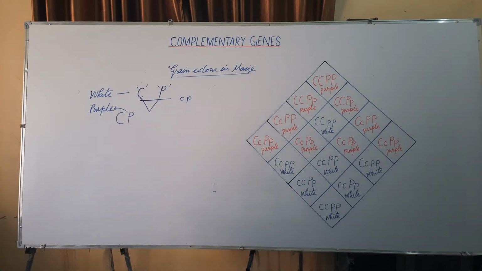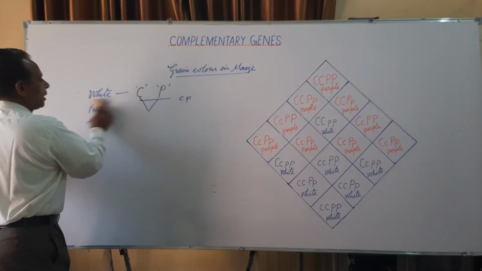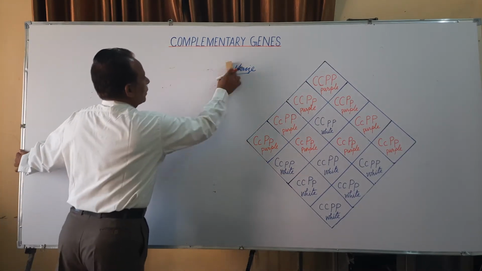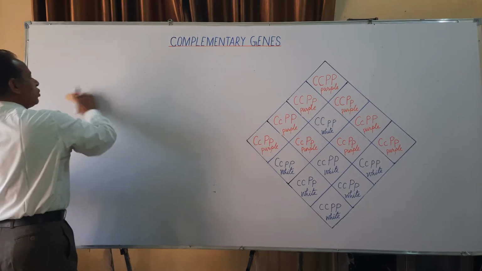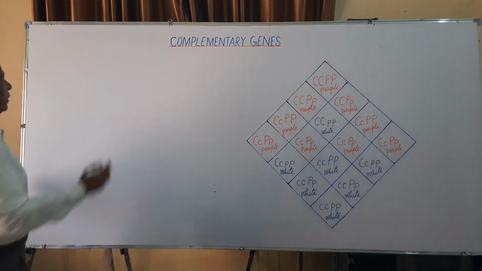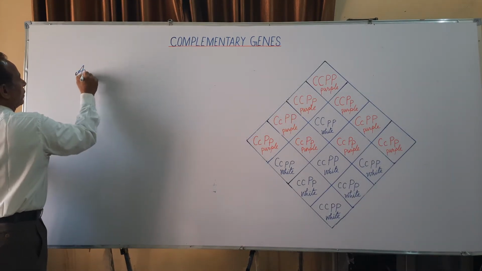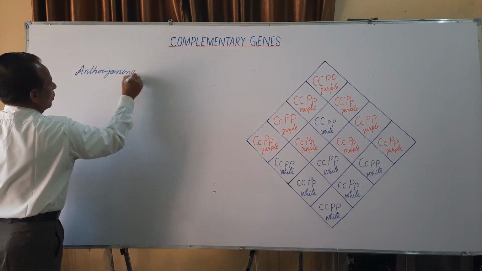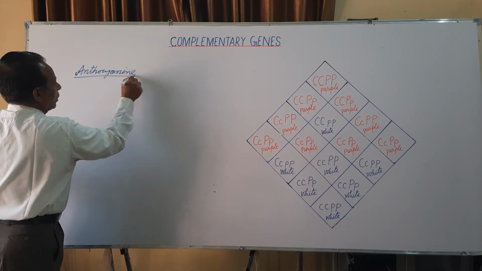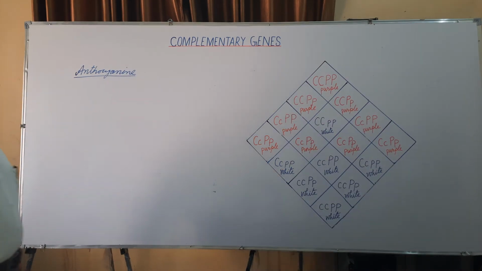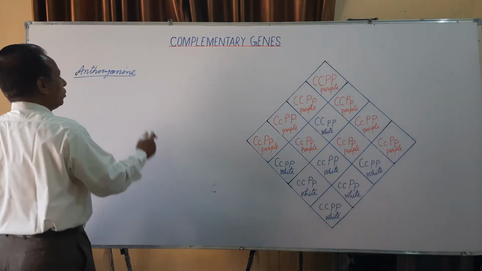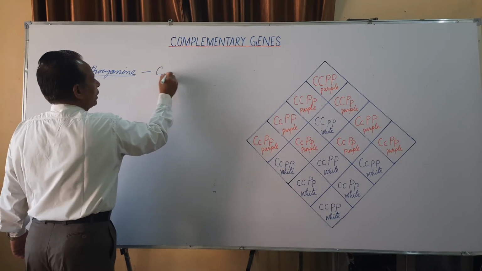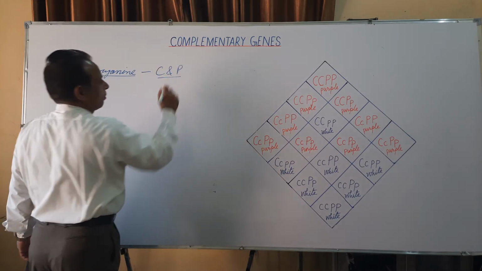It has been shown that this purple color of the grain is due to the presence of a pigment, anthocyanin. The synthesis of the anthocyanin depends upon two non-allelic genes C and P in dominant form.